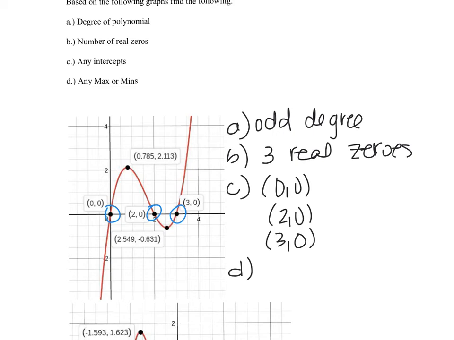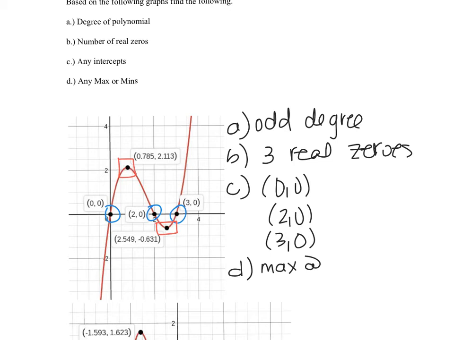Then lastly, we want to look at any maxes or mins. I feel like we have 2 turning points on our graph. And a turning point either represents a max or a min. The first turning point we have at (0.785, 2.113) is going to be a max.